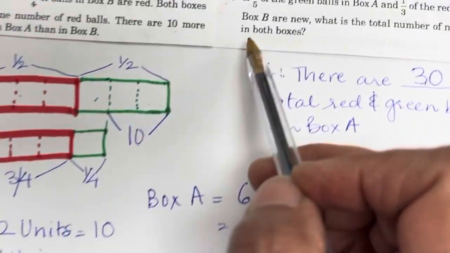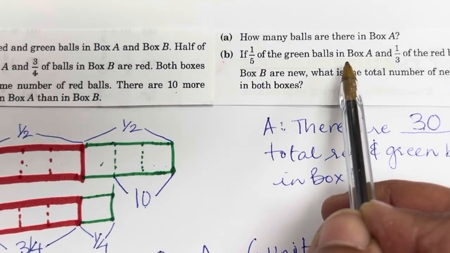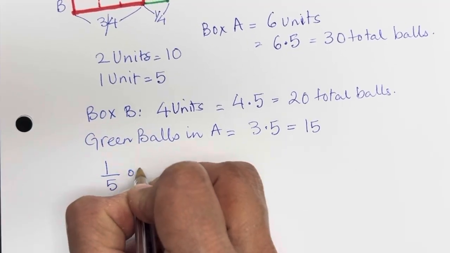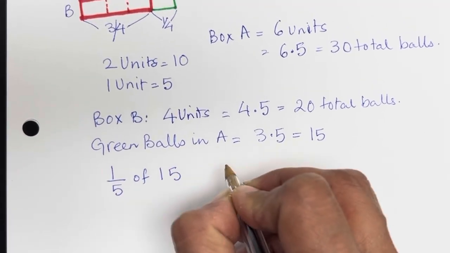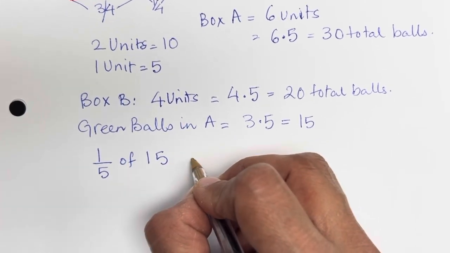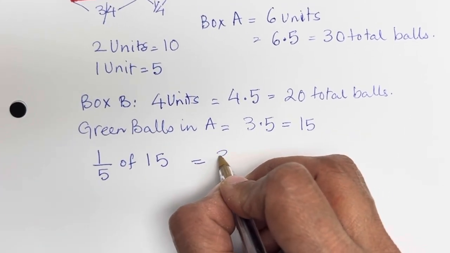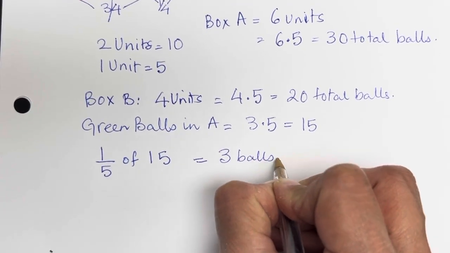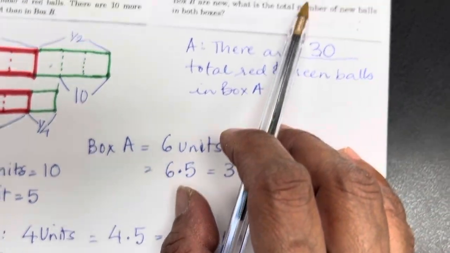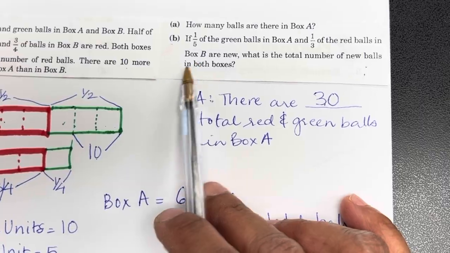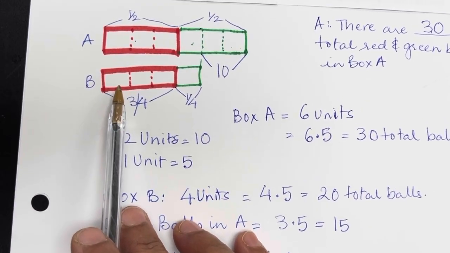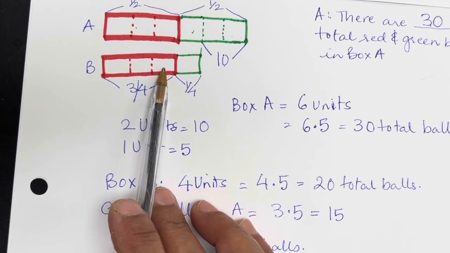It says 1/5 of these are new. So what's 1/5 of 15? If I had 15 balls and I split them into 5 sections, each one of them would be equal to 3 balls. And in the next one, it says 1/3 of the red balls in box B are new. So in box B, how many red balls do we have? 1, 2, and 3 units.